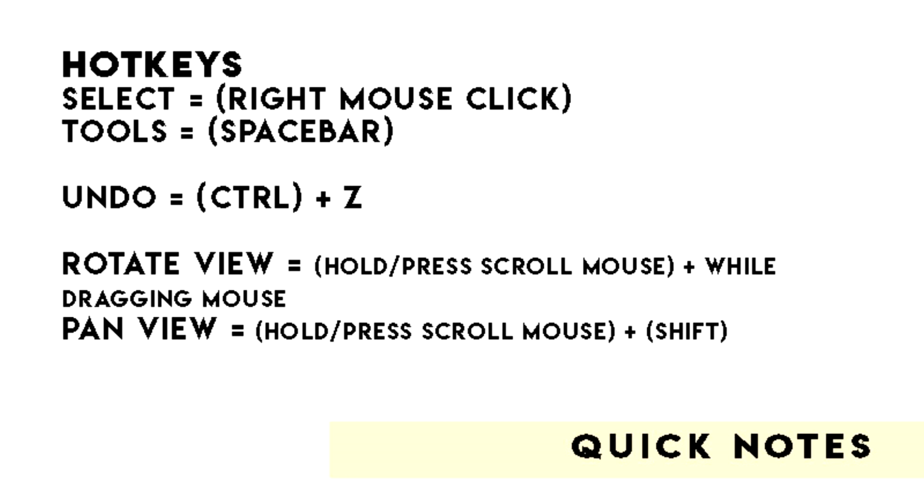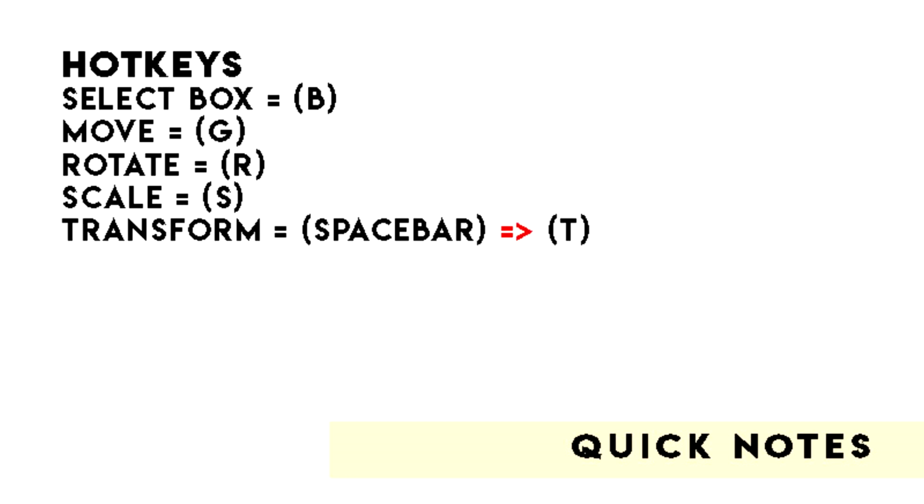So that would be scroll mouse button plus Shift for pan view. And for hotkeys, select box is B, move is G, rotate is R, scale is S, and transform is spacebar and then T.